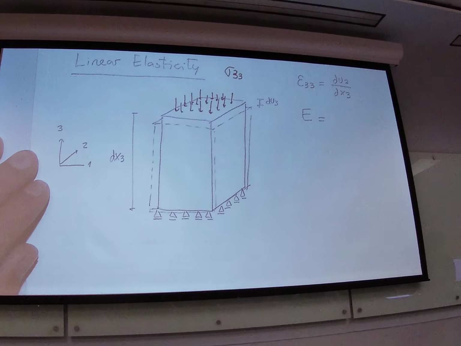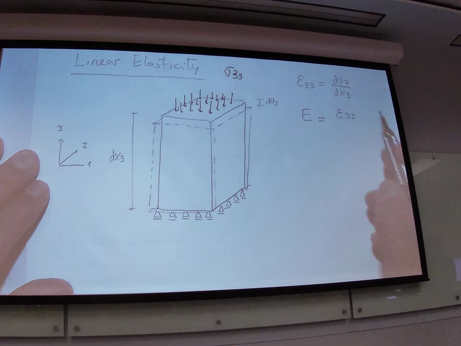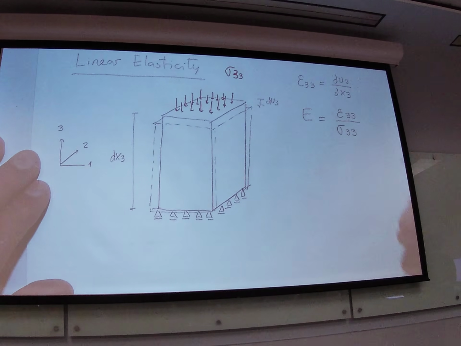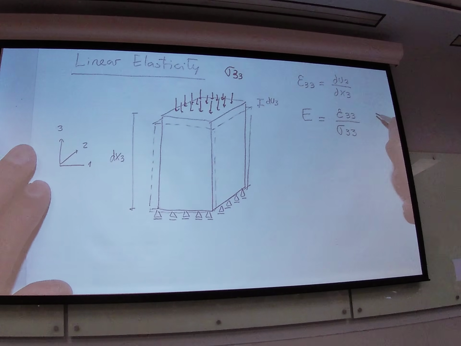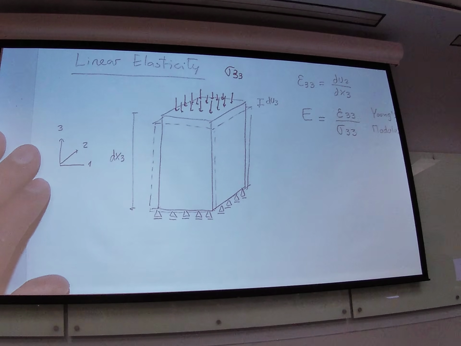Something I came up with right now. I'm going to say that the Young modulus is going to be equal to the strain, which I defined before, divided by the stress in direction 3. So this is the definition, and that's what we call the Young's modulus.